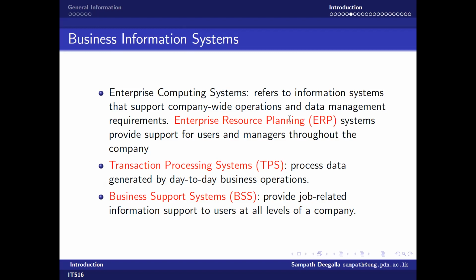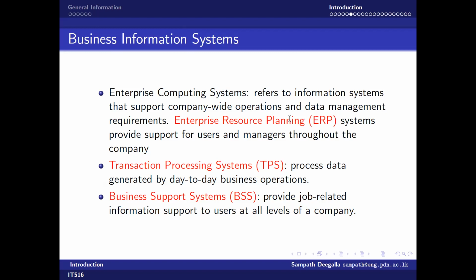Sometimes we say enterprise resource planning, or ERP systems, are used in these organizations. Then in some places we use transaction processing systems, basically for day-to-day business transactions, maybe for a particular purpose. For example, a payroll system or a POS system comes under transaction processing systems, which means day-to-day operations.